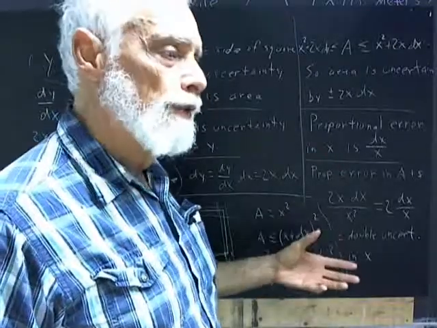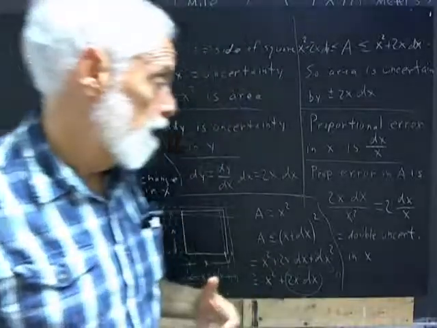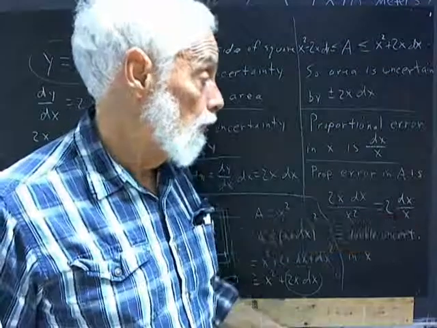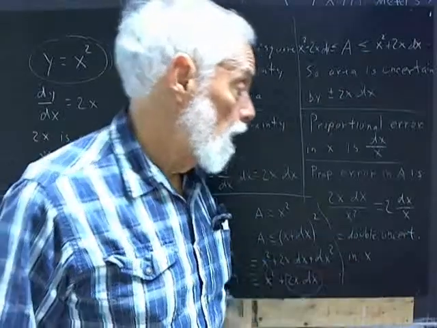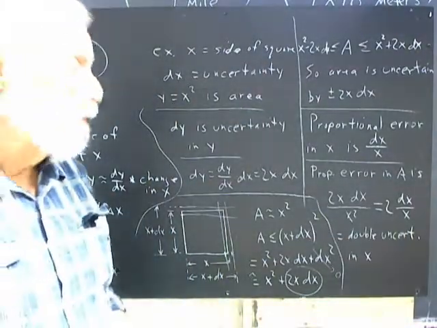Now you're given the rule that if x is squared, the percent uncertainty in x squared is twice the percent uncertainty in x. Well, here's the reason why. This is the reason that rule is as it is.